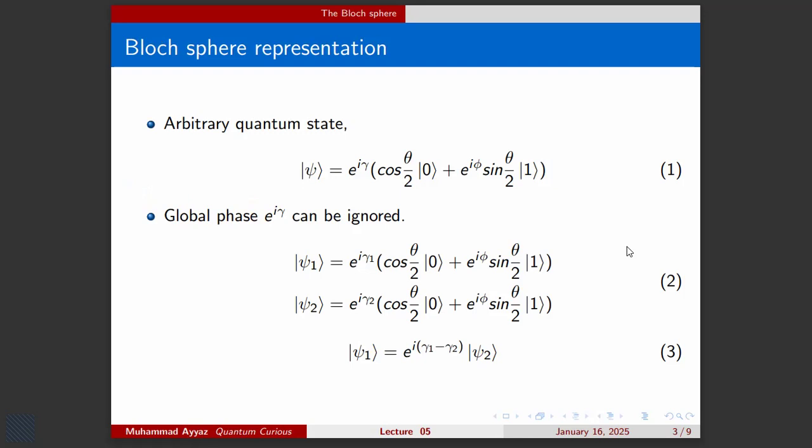So we could write any arbitrary quantum state as in equation 1 with some helpful parameters like gamma, theta, and phi. You could see that e to the i gamma is a global phase, and it usually does not play any meaningful role in phenomena like measurement of quantum states.